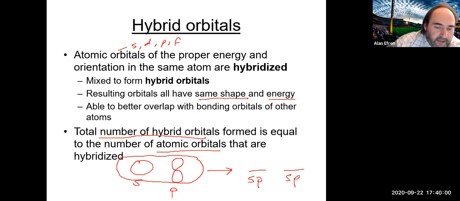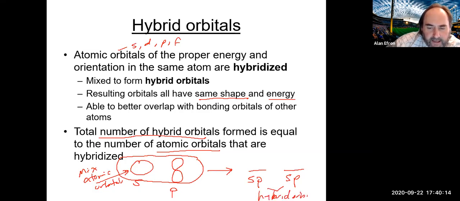Here we mixed two atomic orbitals, and what we produced are two hybrid orbitals over here. Again, we'll see a little picture of their shapes, but in theory they are the same shape. They're also perfectly equal in energy with each other.